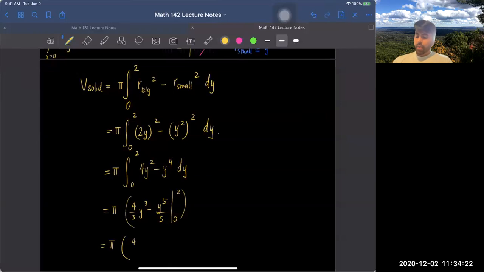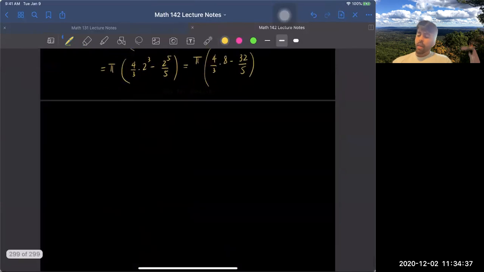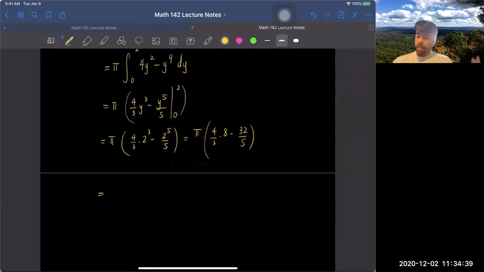This becomes 4/3 times 2 cubed minus 2 to the fifth over 5. This is 4/3 times 8 minus 32 over 5. This becomes what? 32 over 3 minus 32 over 5. Then we can make them the same denominator.